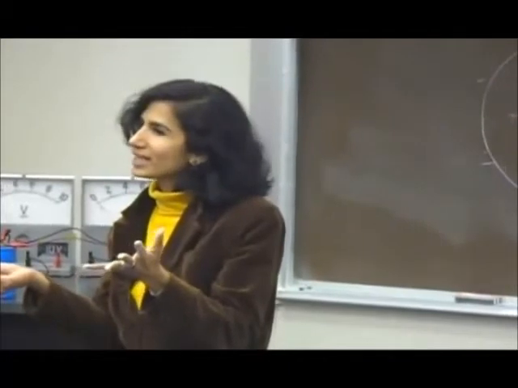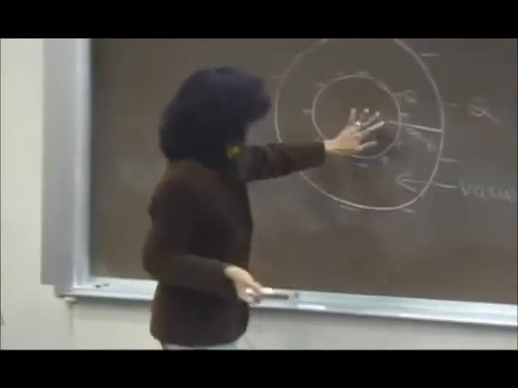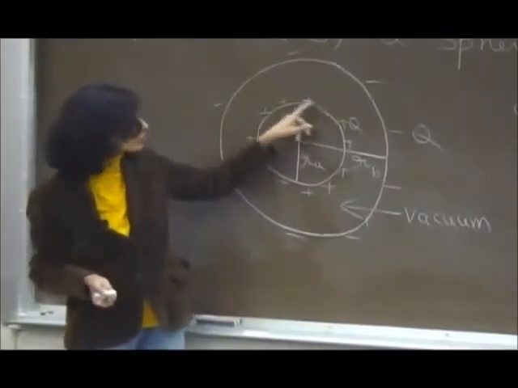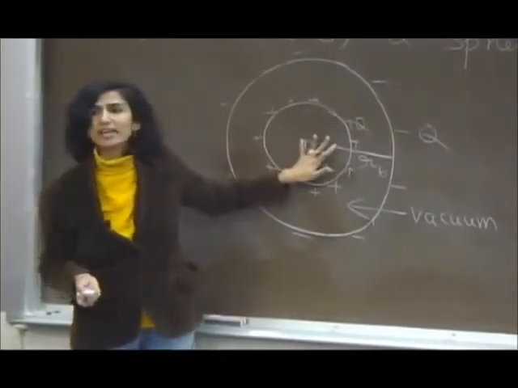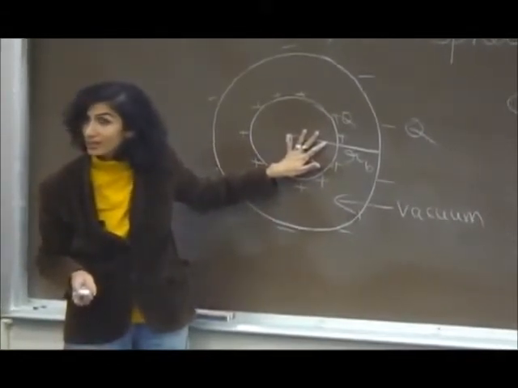Because do you remember we found the potential due to a uniform sphere of charge yesterday, day before? What was it? First of all, we said that the potential inside everywhere will be constant. Do you remember? Because the electric field everywhere is 0.